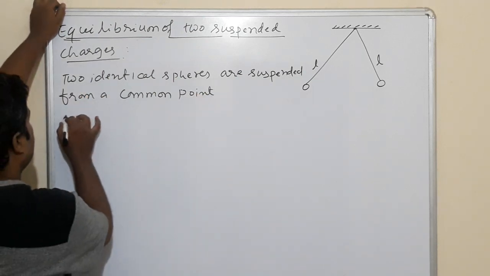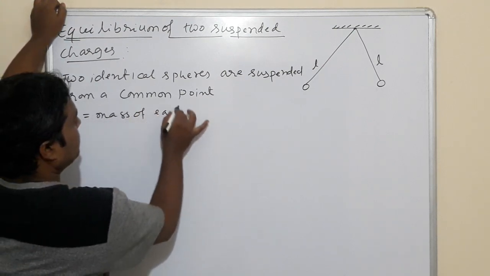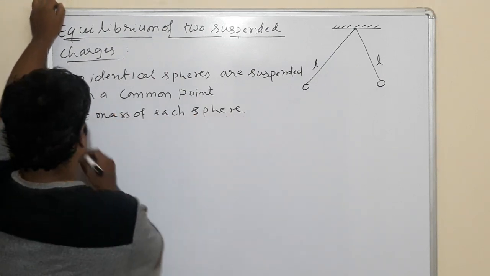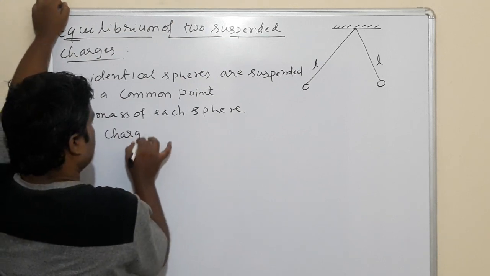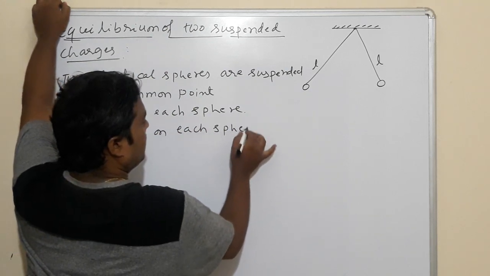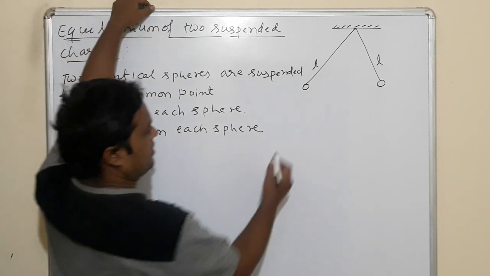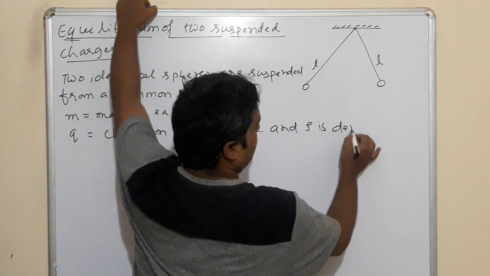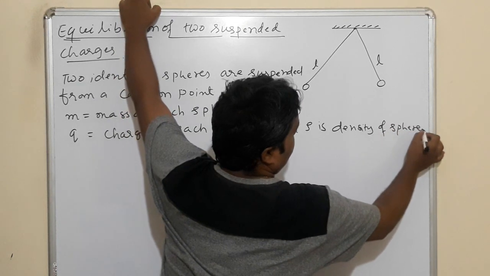Okay, m is the mass of each sphere, q is the charge on each sphere, and let us suppose rho is the density of spheres.